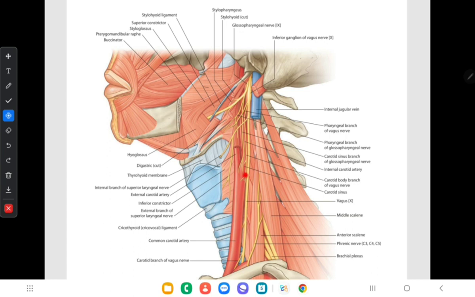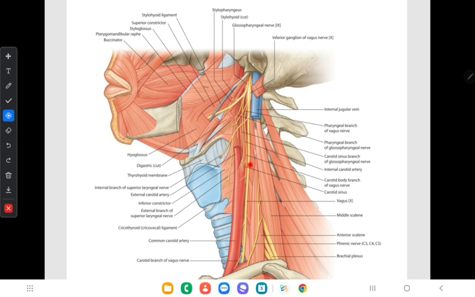The carotid sinus is a localized dilatation of the common carotid artery and adjacent internal carotid artery. It is supplied by the sinus branch of the glossopharyngeal nerve. This is the sinus branch of the glossopharyngeal nerve. It is a baroreceptor for controlling intracranial blood pressure. The carotid body is a small neurovascular structure situated close to the posterior wall of the carotid sinus.